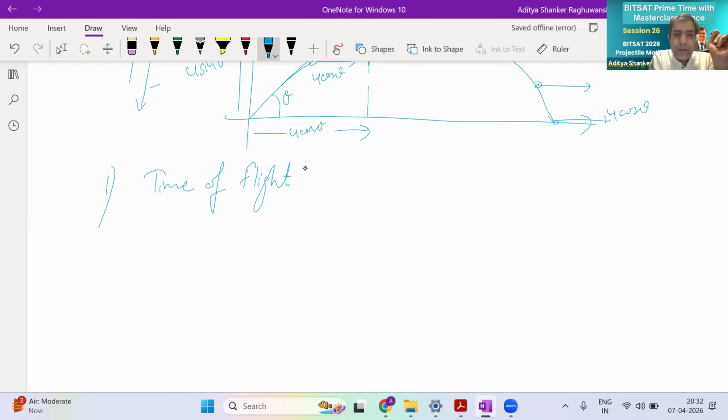So what can we do? We can use the equation of motion to derive time of flight. If I make the displacement in y direction, Sy, zero once again, that means how much time it is taking for the displacement to once again become zero, that we are going to understand, my dear friends. Sy equals u t plus half a in y direction into t squared. Now you can see this is a quadratic equation in t.